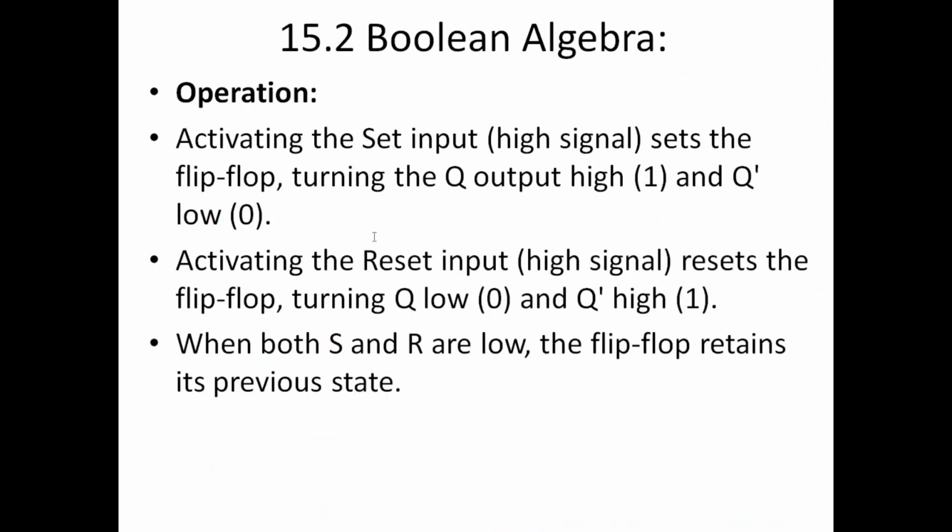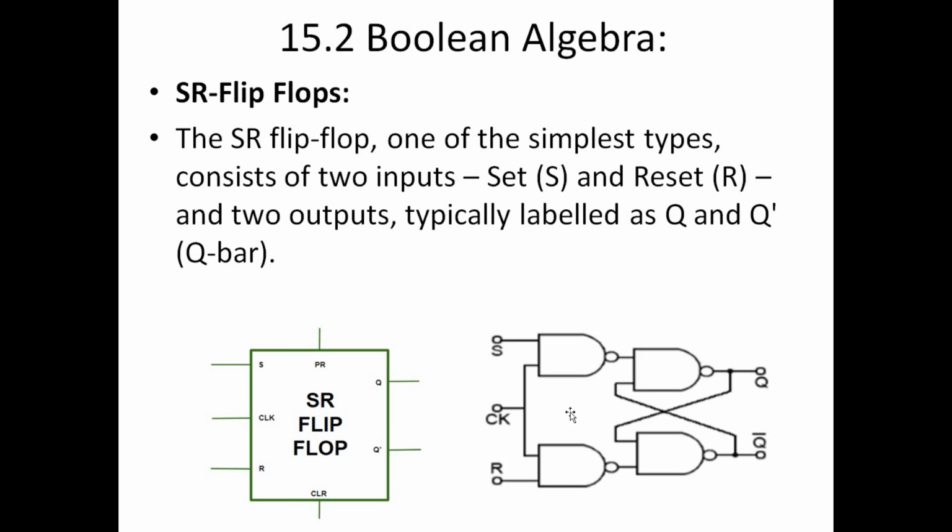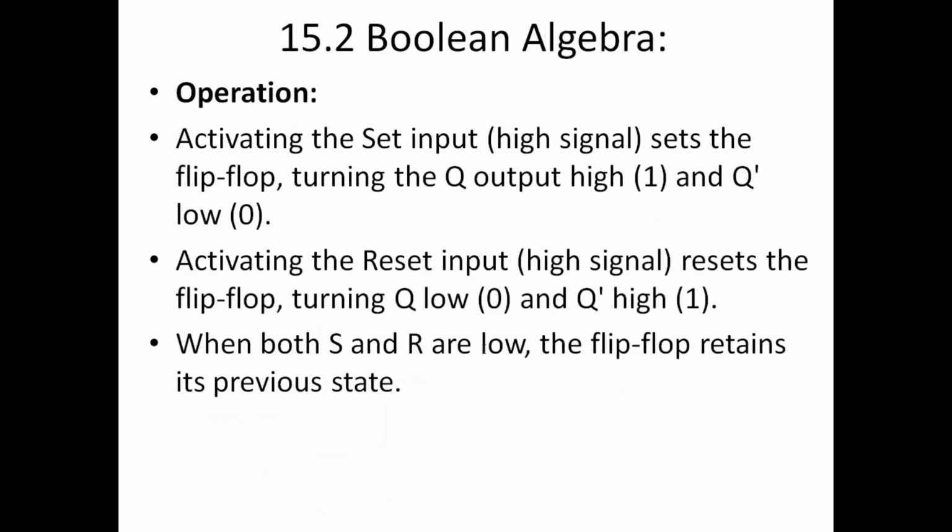Okay. When you activate the set input, which is also known as the high signal, it sets the flip-flop, turning the Q output 1 and Q bar 0. When you activate the reset input, whenever we have a 1 over here, then the output is reversed.